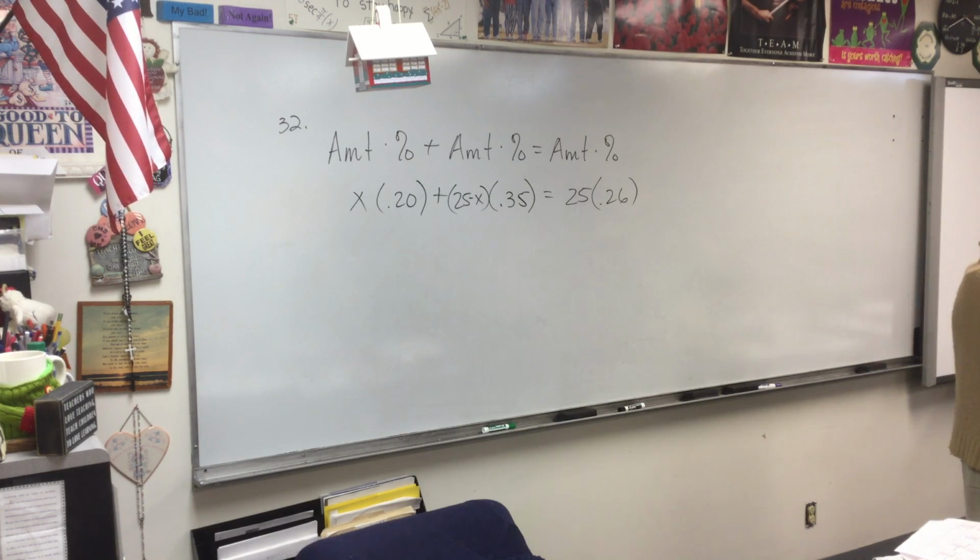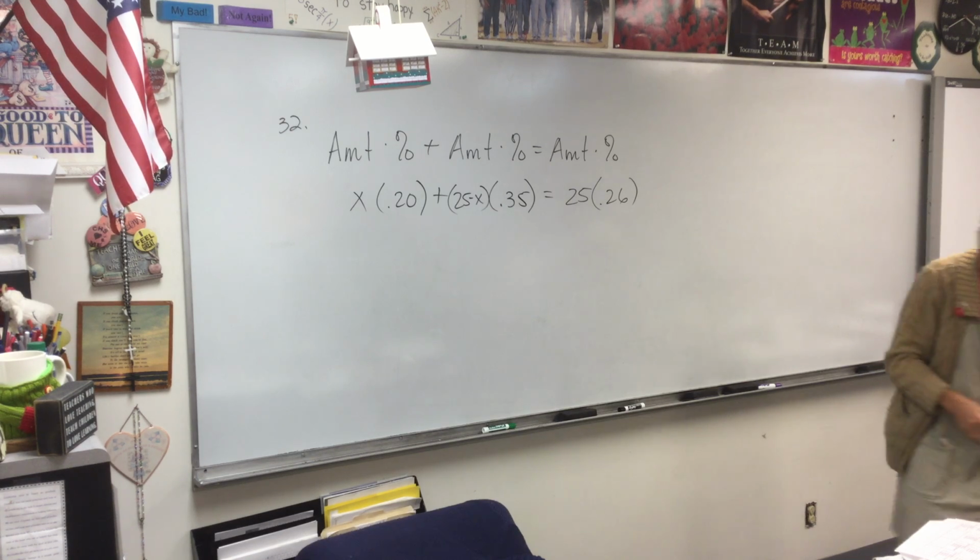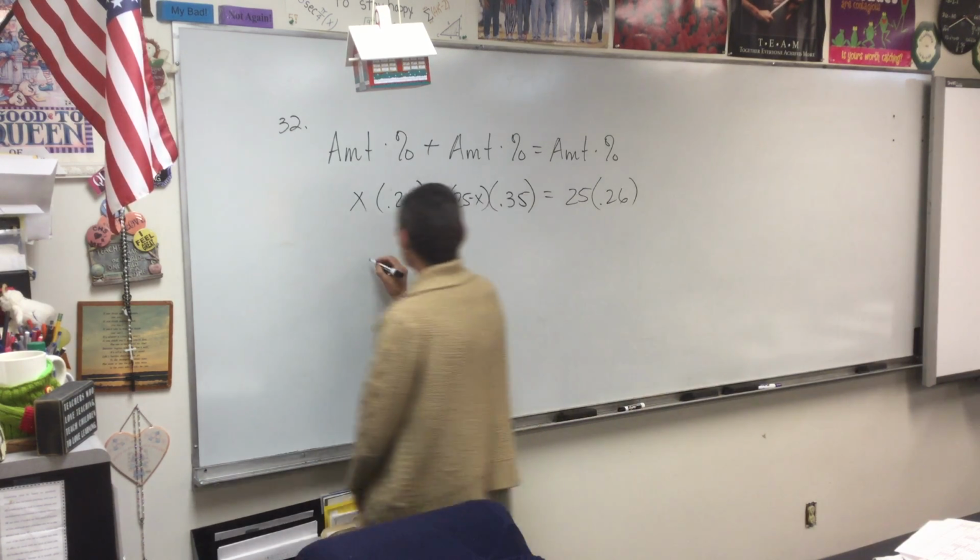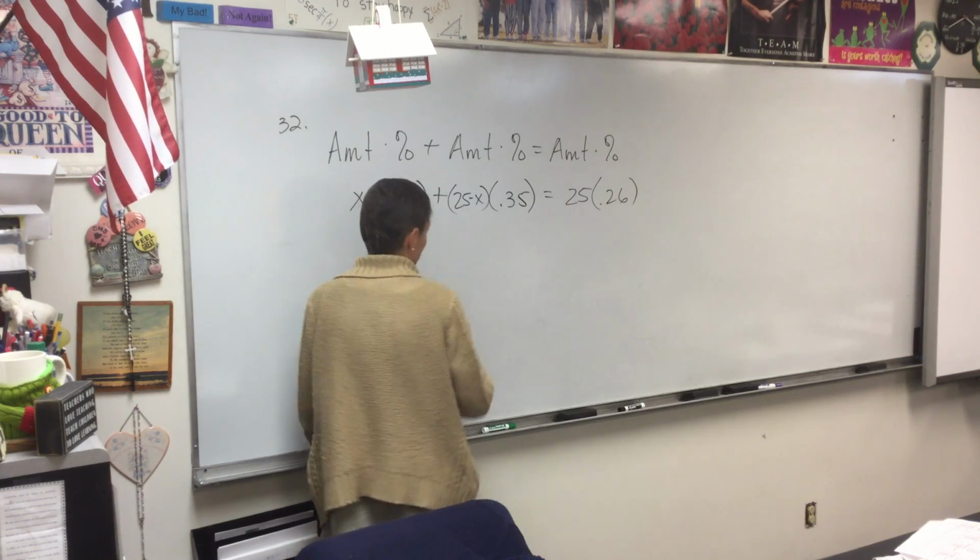If this one I know is 10, what would this one be? How'd you know that? 25 minus 10. So if this one's 8, this one has to be 17. 25 minus 8. So if this one's x, this one has to be 25 minus x. And then we can solve our equation. It's that easy.